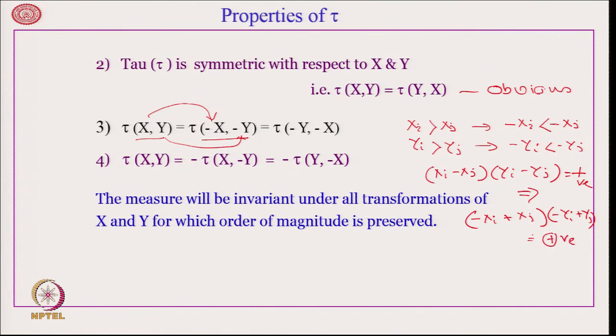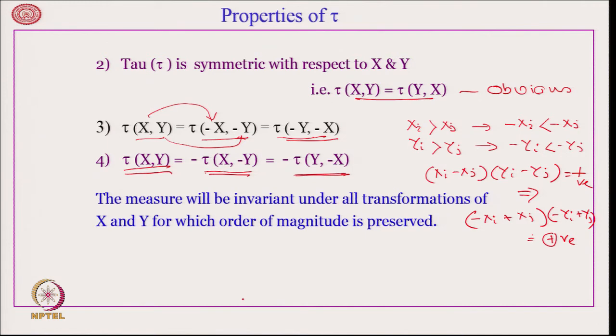Similarly, with respect to negation, tau of (x, y) is equal to tau of (minus x, minus y), which is again, by this observation, tau of (minus y, minus x). In a similar way, tau of (x, y) is minus of tau of (x, minus y), or it is equal to minus of tau of (y, minus x).